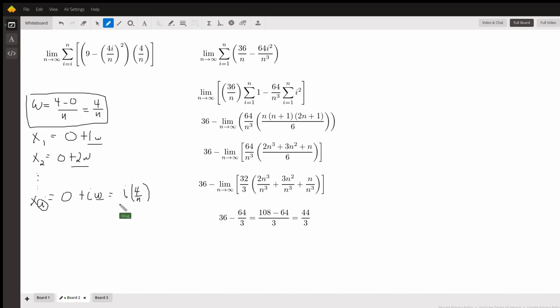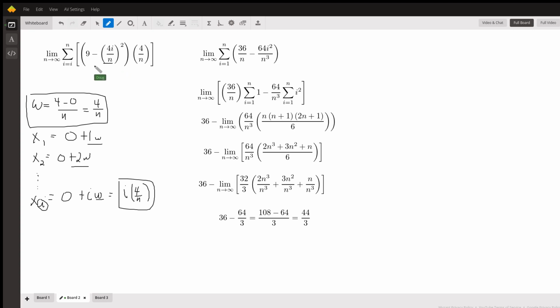And this expression is what we're going to plug into the function to help us get a formula for the area of the ith rectangle. So here we have plugged in 4i over n into the function 9 minus x squared.